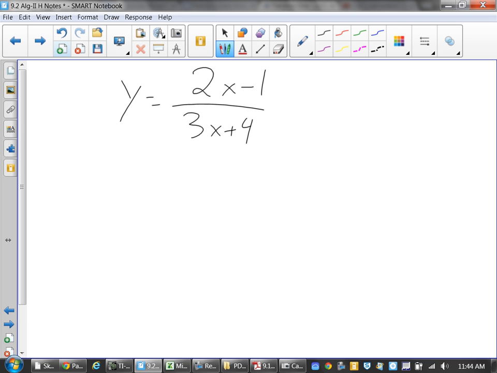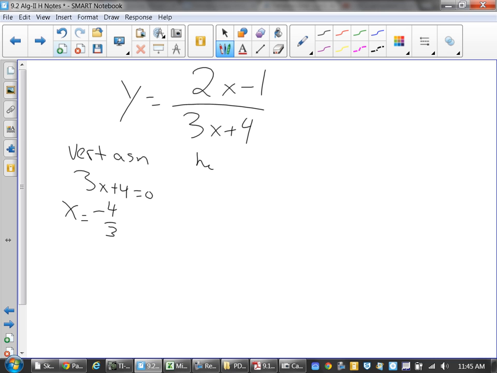My vertical asymptote is going to be 3x plus 4 equals 0. What's your zero for that? Negative 4 over 3. So your vertical asymptote will be at x equals -4/3.